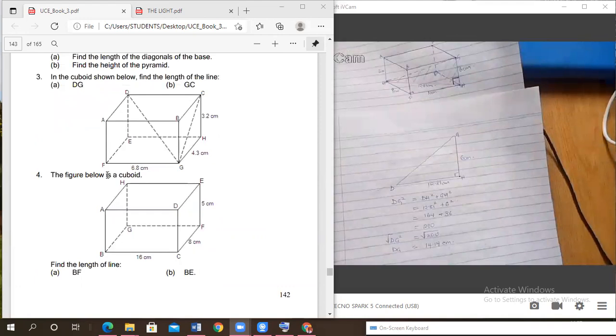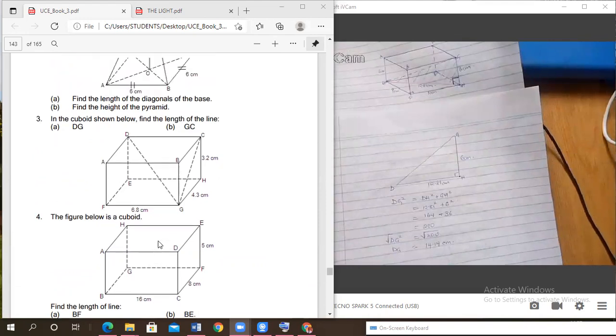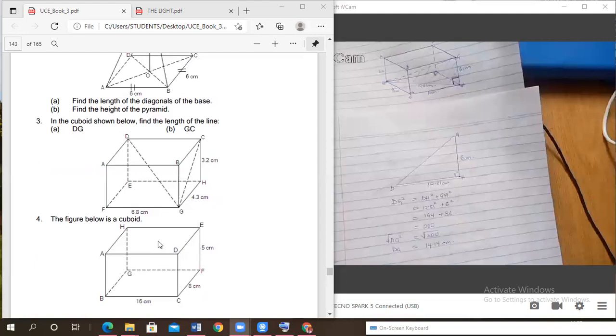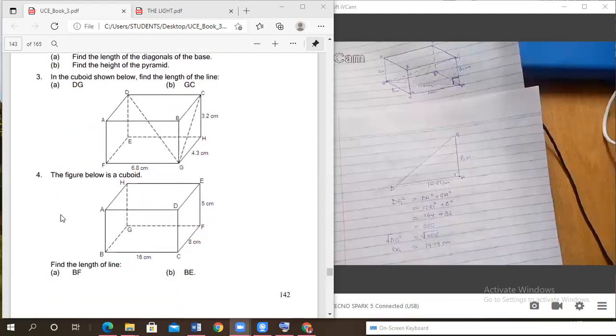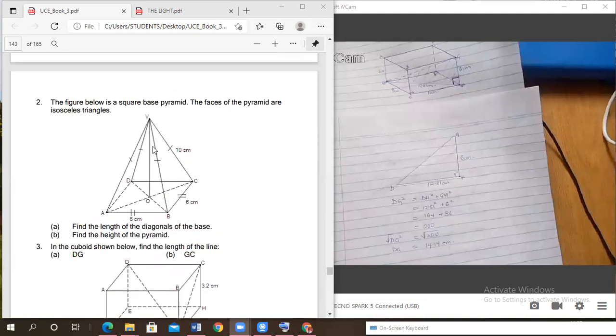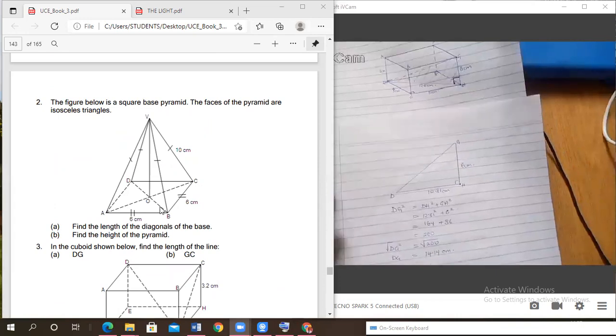Question 4, to find the length of a line BF. But since we have looked at the cuboid, this was a cuboid, let me do question 2, which is a pyramid, which is different from what we have looked at, and then you understand very well.